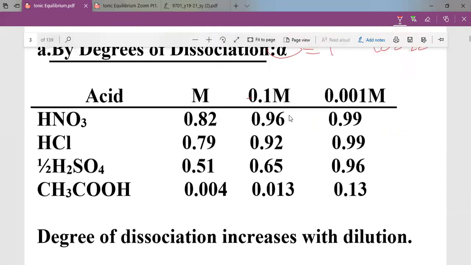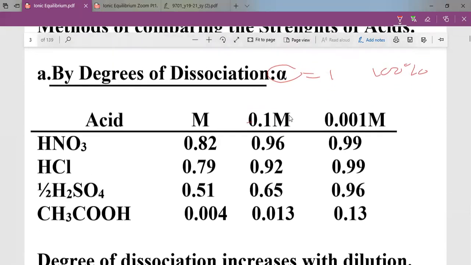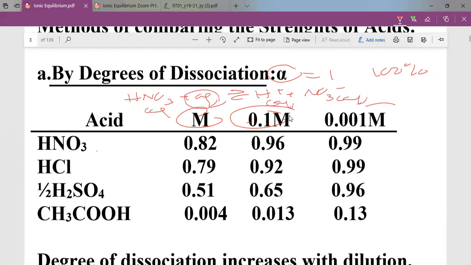Like I said, when you dilute from 1 molar to more dilute, it will dissociate much more. Because HNO3 equals H plus and NO3 minus. Increase water, you shift more, so more will dissociate.